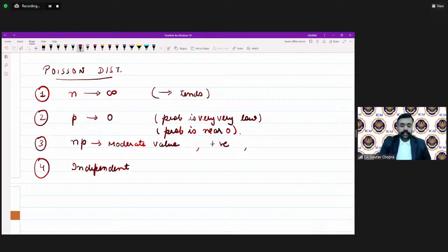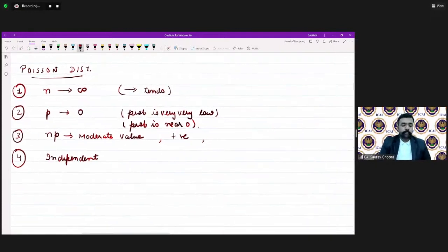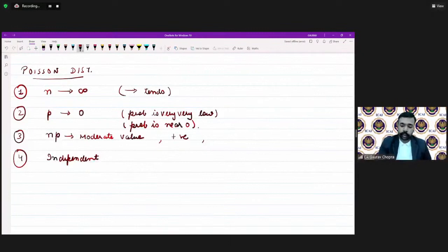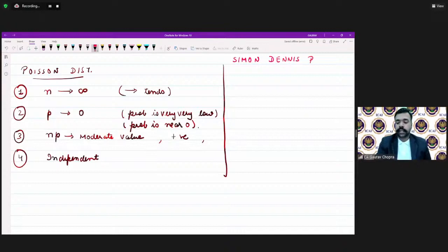Now let us discuss the formulas which are based on Poisson distribution. So this Poisson distribution was given by Simon Denis Poisson. Now, what is the first formula?